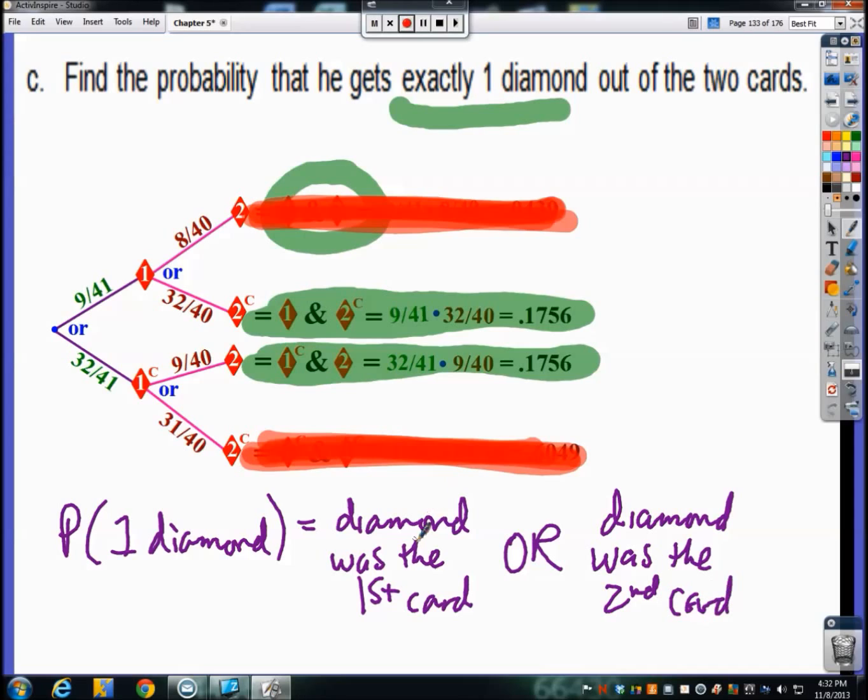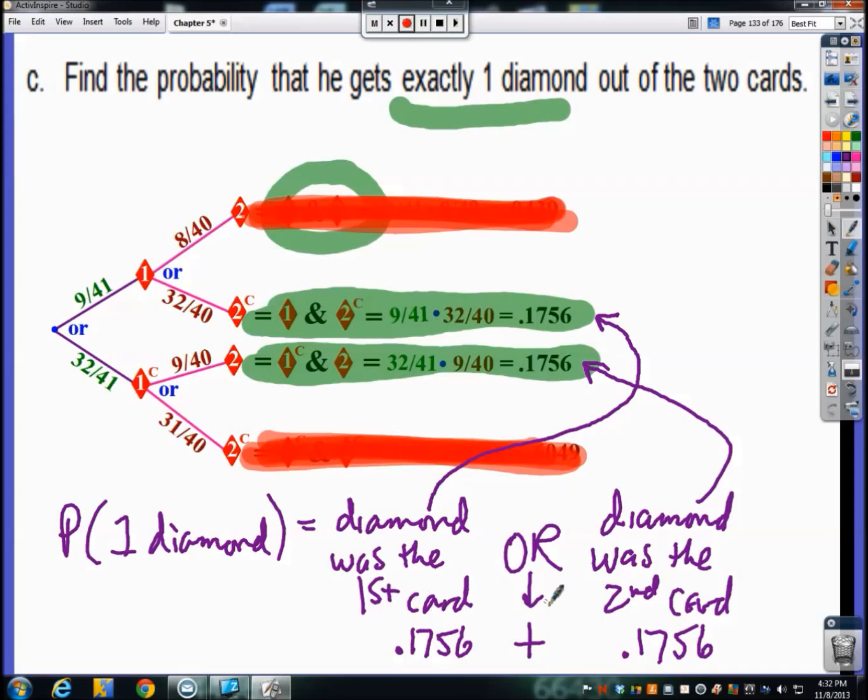What's the probability that the diamond was the first card? Well, that was that number, 0.1756. Or in probability means to add, and these are disjoint events, there's no overlap between these two things. The diamond was the second card, well that happened with that probability, so therefore we add together our 0.1756 plus itself, or really we're multiplying by 2, which is going to give me 35.12%.